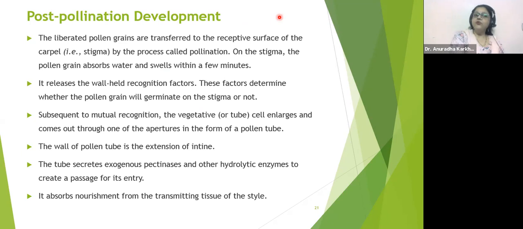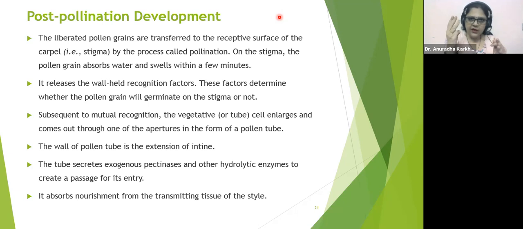Now we come to the post-pollination development. What does post-pollination mean? Now the pollination has taken place. So the pollen grain has now come and it is sitting, or has been lodged, on the stigma of the flower. We know the gynoecium is made up of stigma, style and ovary.